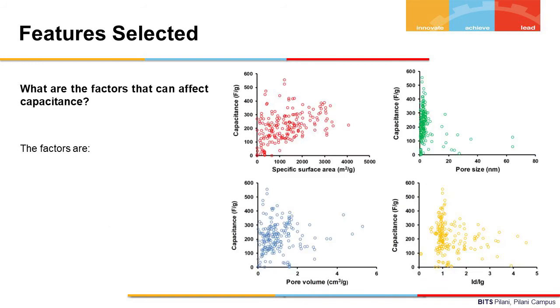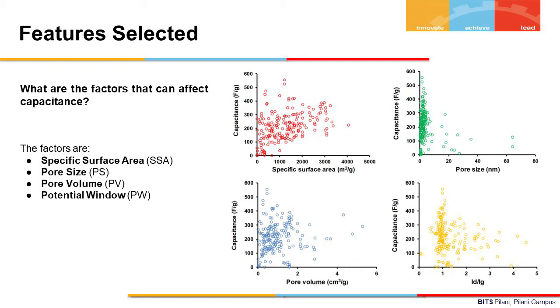There are several factors which affect the performance of an EDLC, specifically their capacitance. These factors are specific surface area, electrode pore size, electrode pore volume, potential window of electrolyte, and the ratio of ID/IG. SSA refers to the specific surface area of the carbon electrodes, and it is necessary to increase the SSA in order to enhance the capacitance.